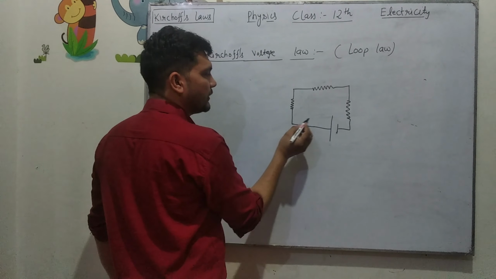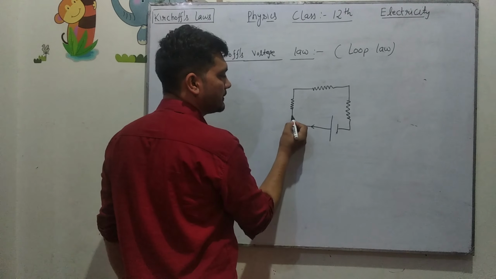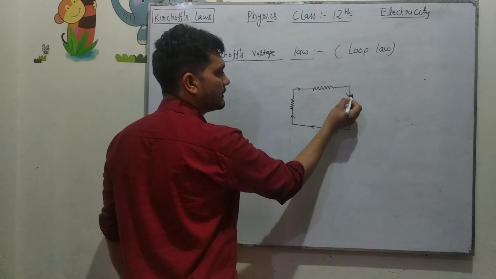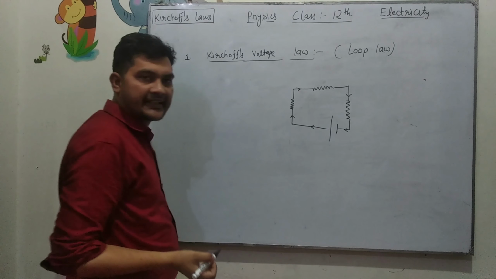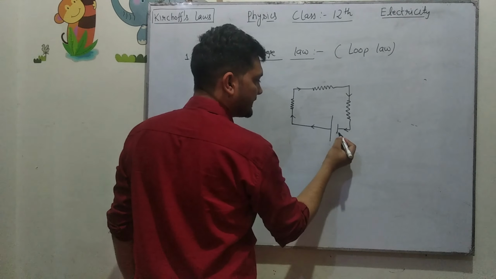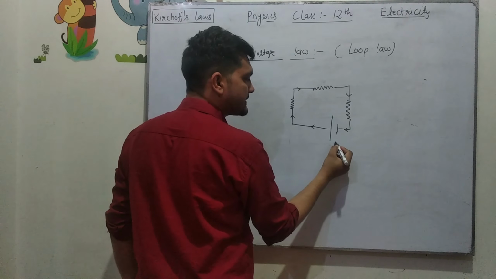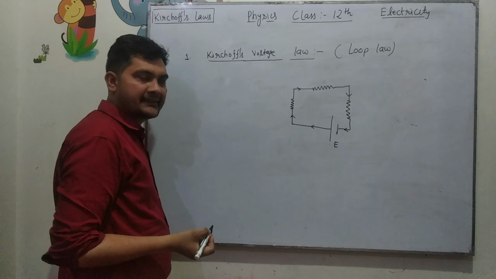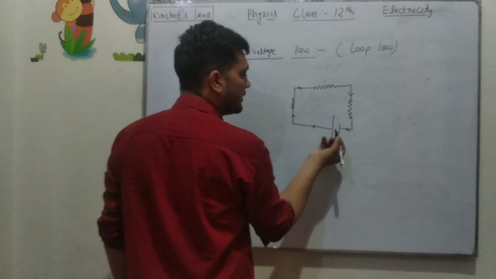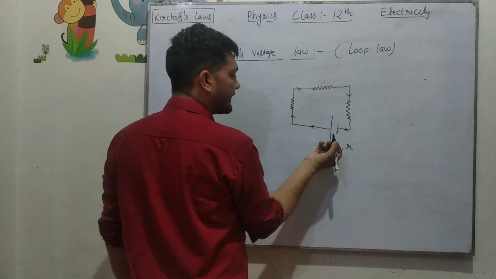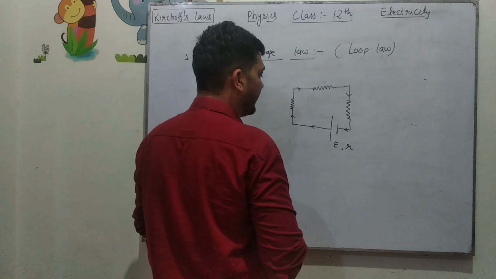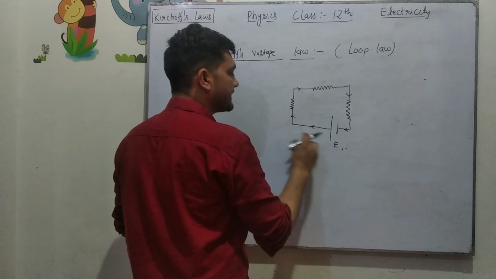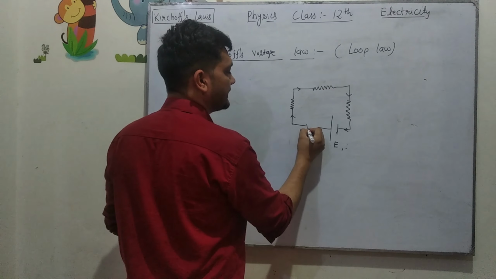Suppose current is flowing in this direction. Then suppose the EMF of this battery is E, and suppose its internal resistance is R, and I am representing this internal resistance at this point.